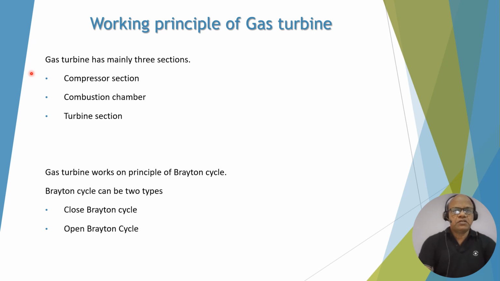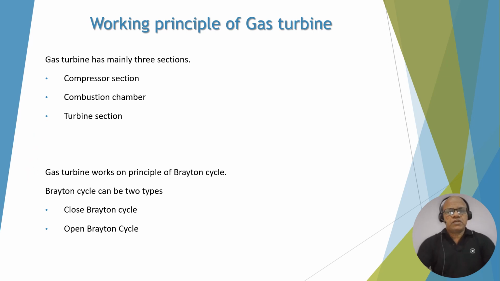So after combustion, the enthalpy of burnt gas is increased, which is used to feed the turbine. Then another is the turbine section, where the actual pressure drop occurs and energy is extracted from the hot gas and delivered for power generation.